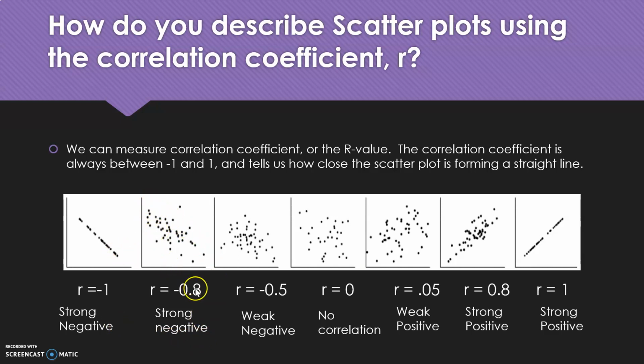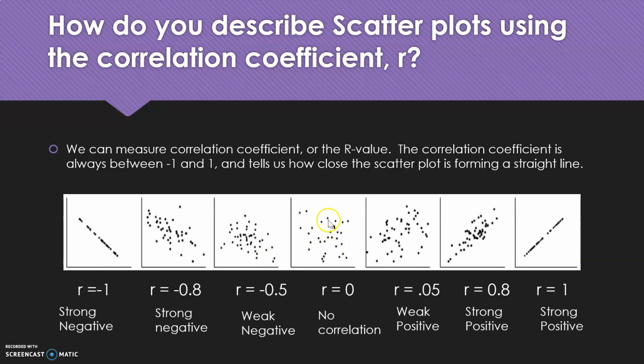It's not as strong as this one, so you can see the R value does go down a little bit. And it's still negative. You can still draw a line through here, line of best fit, and it would be a negative slope. This one's weak, but you can still see looking left to right that your values are decreasing as you move left to right. So it's still going to be negative, but it's fairly weak.